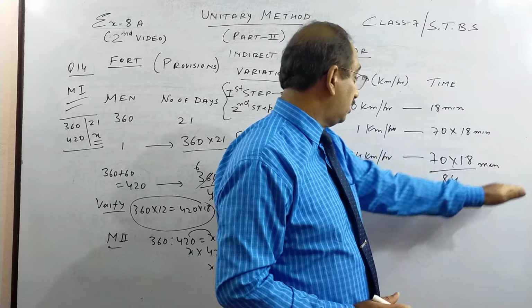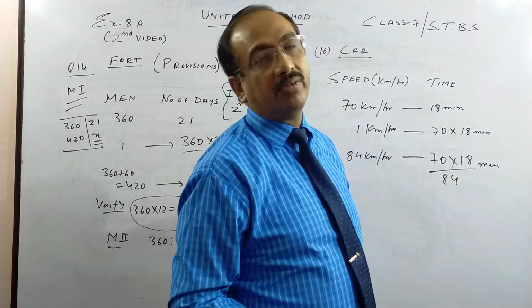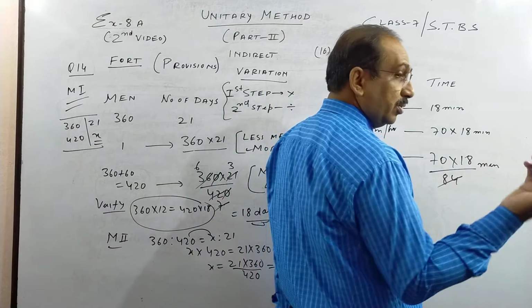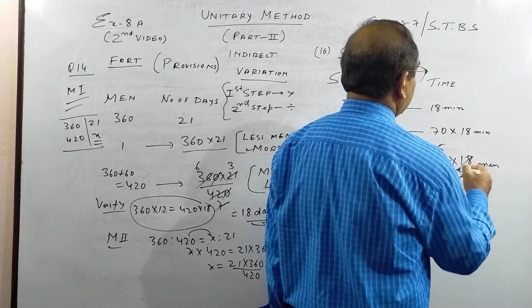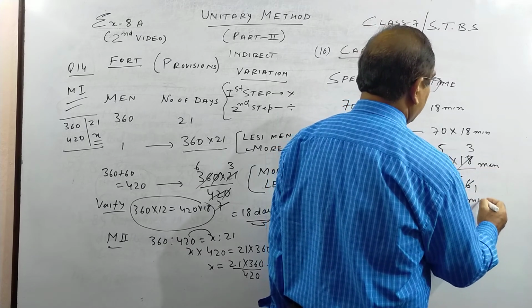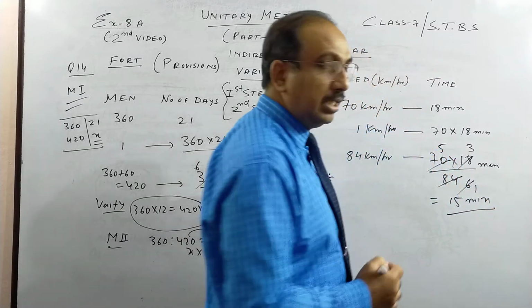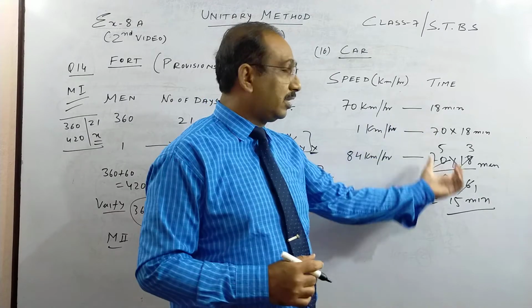Here you will write more speed, less time, and less means we divide. So here we divide. You must be good at tables, as I told you. 14 sixes are 84, 14 fives are 70, 6 threes are 18. So we get 15 minutes. The car will reach its destination. When the speed increases, time decreases.